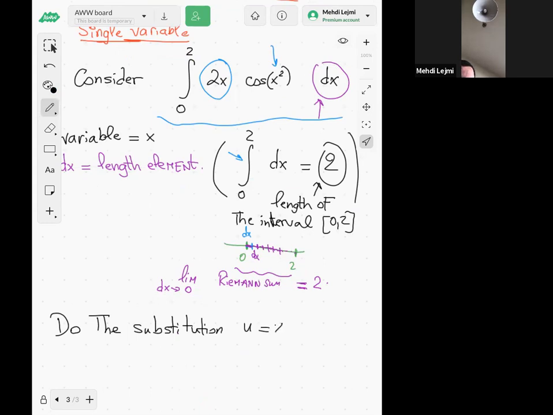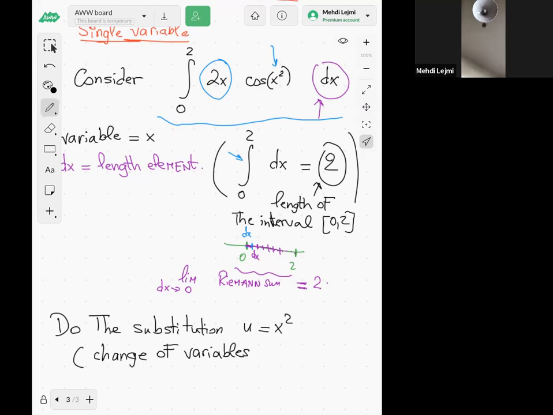When you do this substitution, u equals x squared, you are doing a change of variables, right? You go from this variable x to this variable u. You are changing x to u.